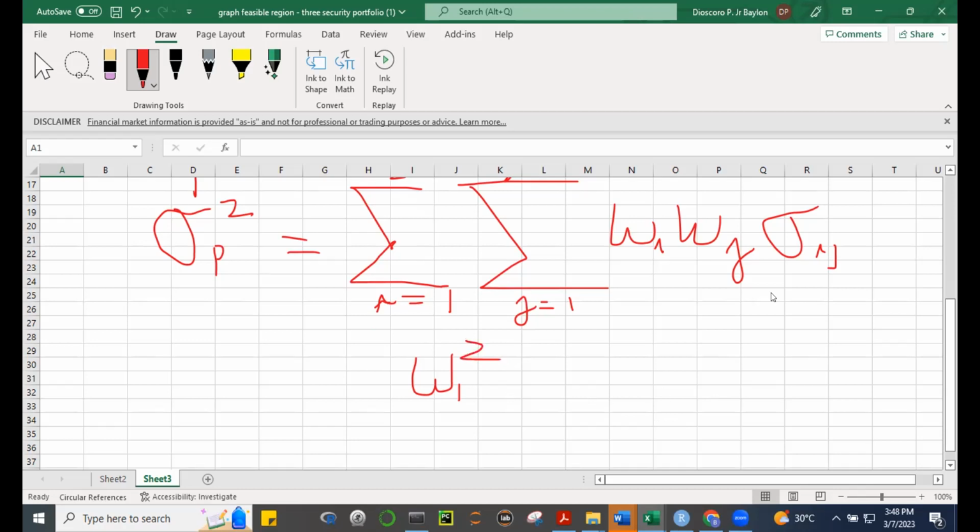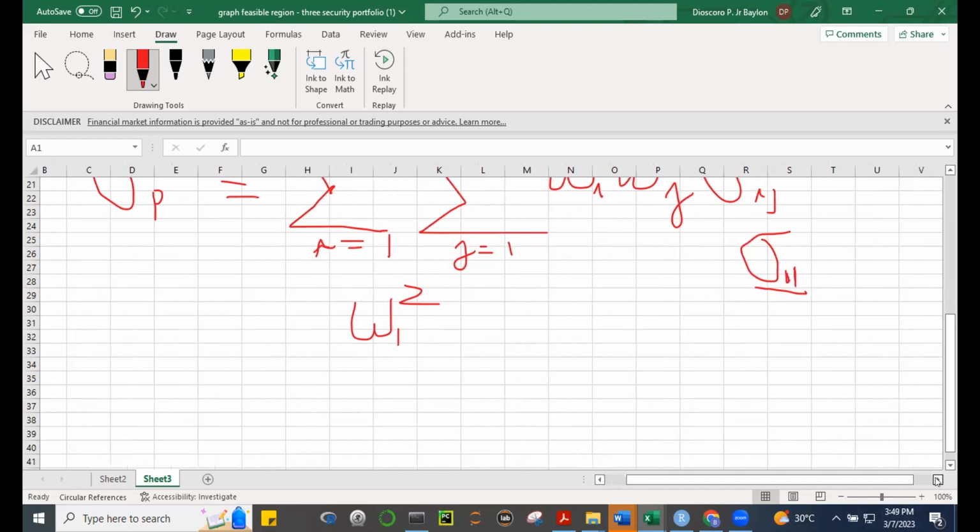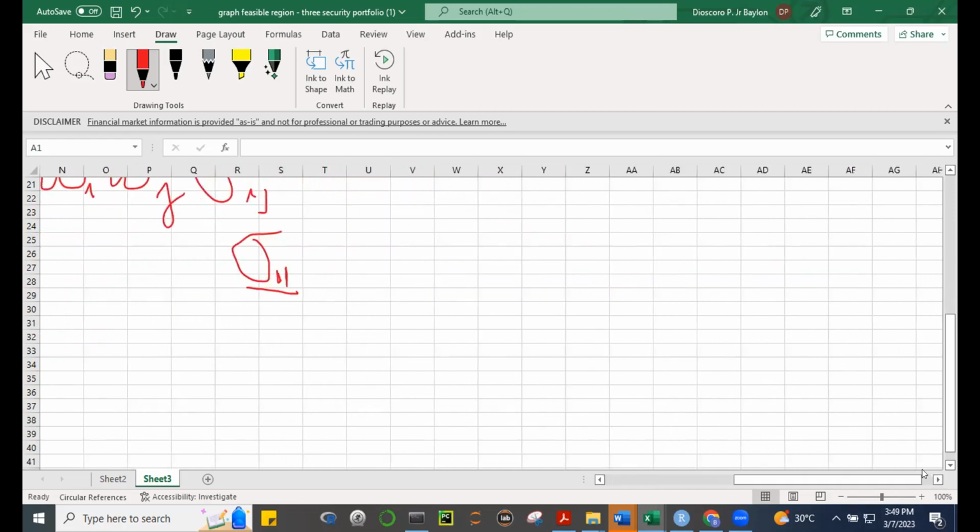W1 squared, all right? And then for this one, it's the covariance of 1 with 1. What is the covariance of an asset with itself, class? Do you remember the formula for covariance?